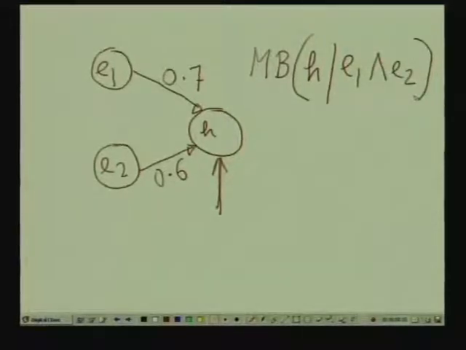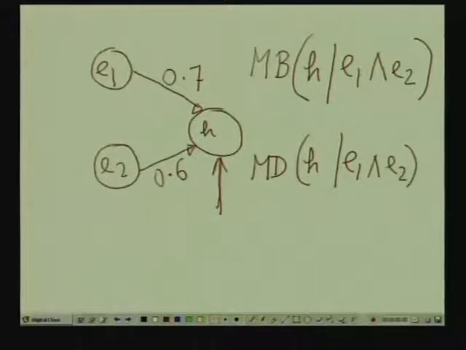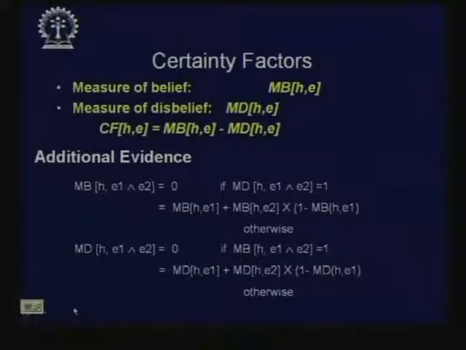Now, obviously, if the measure of disbelief in H given E1 and E2 is 1, that means E1 and E2 taken together certainly makes me disbelieve this, then obviously this one is 0. Otherwise, what will happen? Otherwise, I will compute it as MB(H|E1) plus MB(H|E2) times 1 minus MB(H|E1).